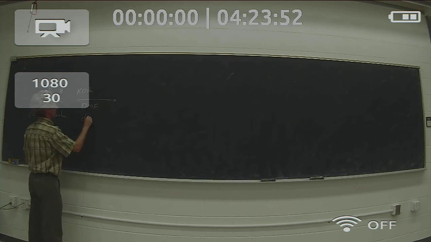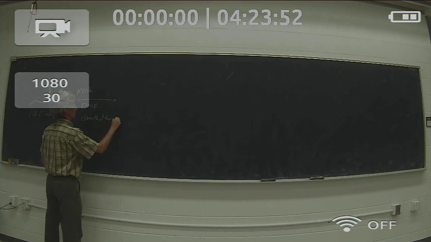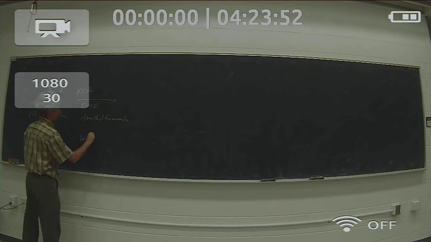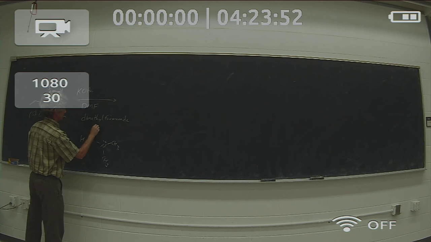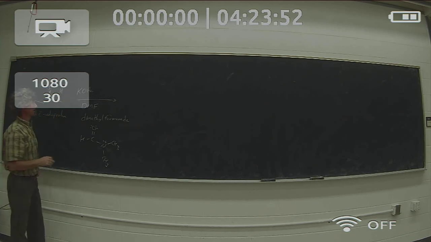Recall that DMF is dimethylformamide, and it looks like this. Two methyl groups on nitrogen provide steric hindrance around the partially positive carbonyl carbon and prevent it from solvating the acetate ion.